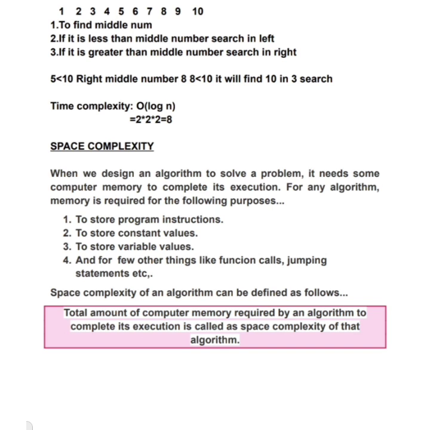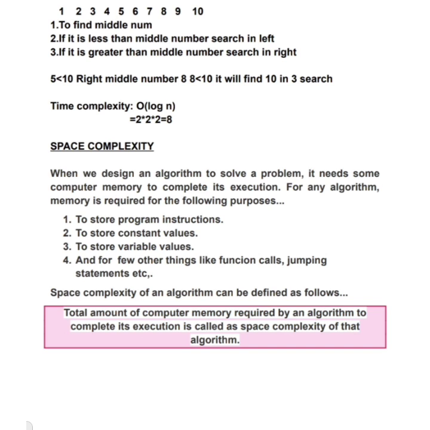Whereas in linear search, if we want to search for element 10, we have to traverse from the first element and go 9 times to find the element 10. So the time taken is high, so only we use binary search. Here first we find the middle number, that is 5. 5 is less than 10, so we go to the right side.